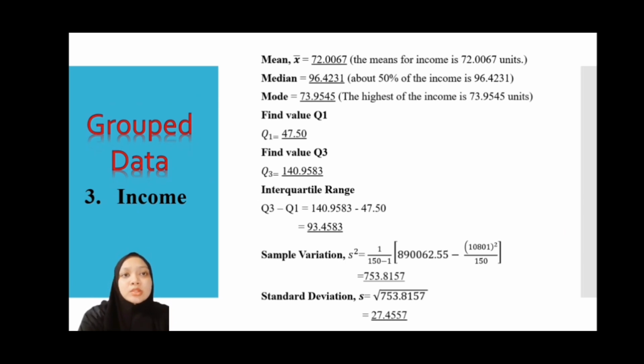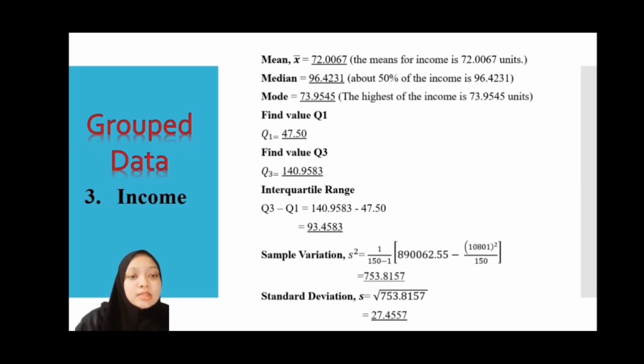Last but not least, group data for income. Mean for income is 72.0067, while median is 96.4231. Mode for income is 73.9545. Quartile 1 for income is 47.50, while quartile 3 is 140.9583. Interquartile range for income is 140.9583 minus 47.50, and the result is 93.4583.